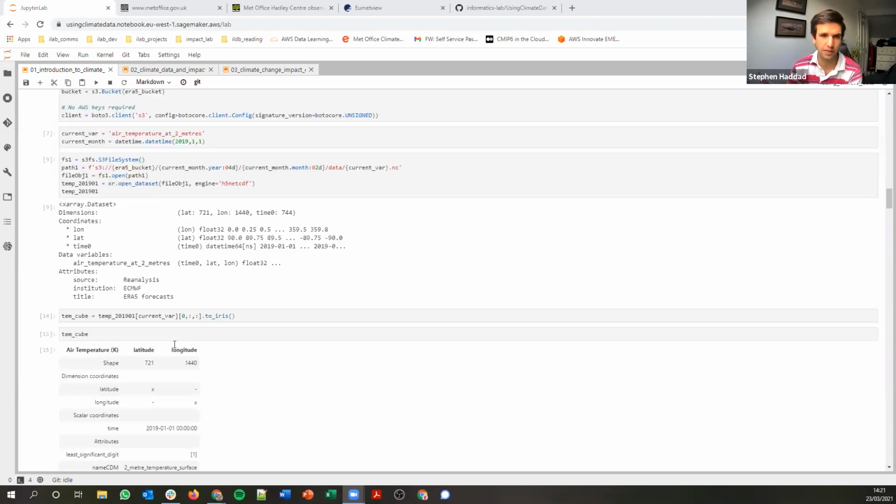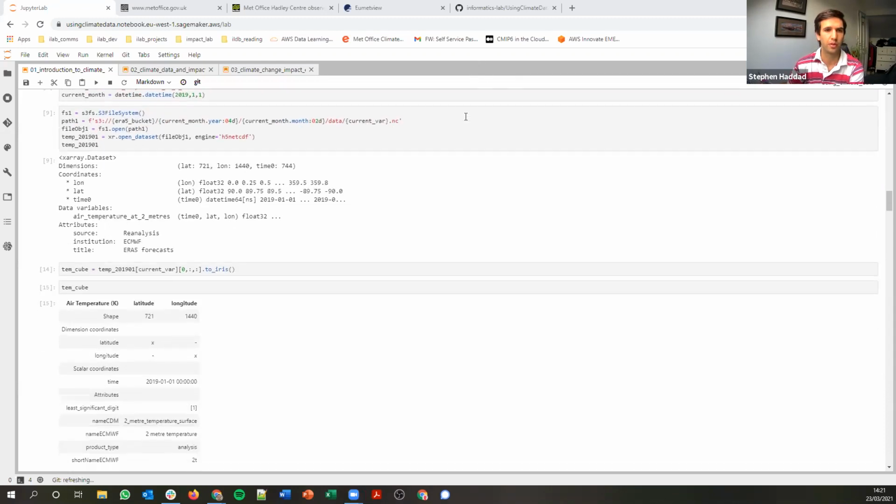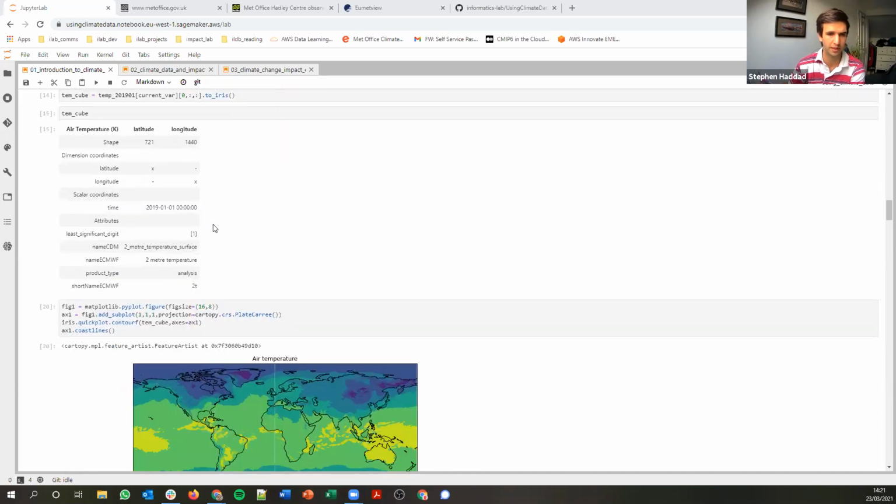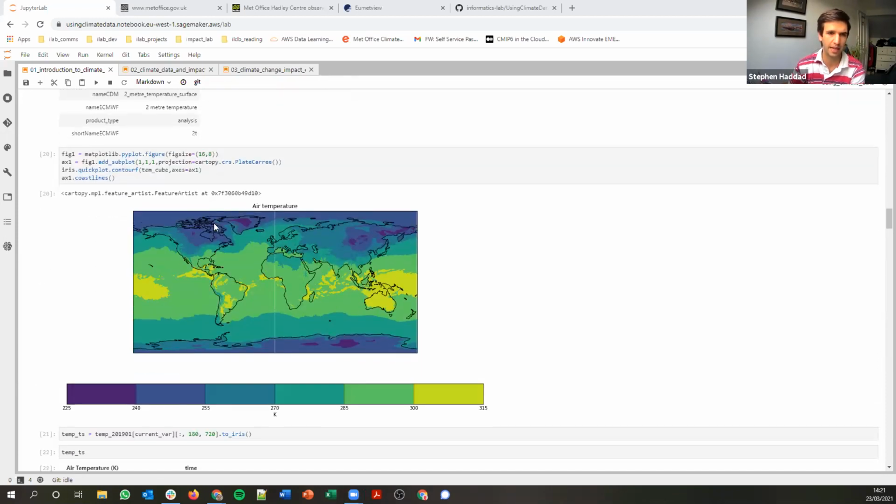This is essentially weather data, because it's taken every hour. We can see, for example, at a particular time, it has 720 by 1440 points. And so here is the temperature around the globe at a particular point, which is freely available.